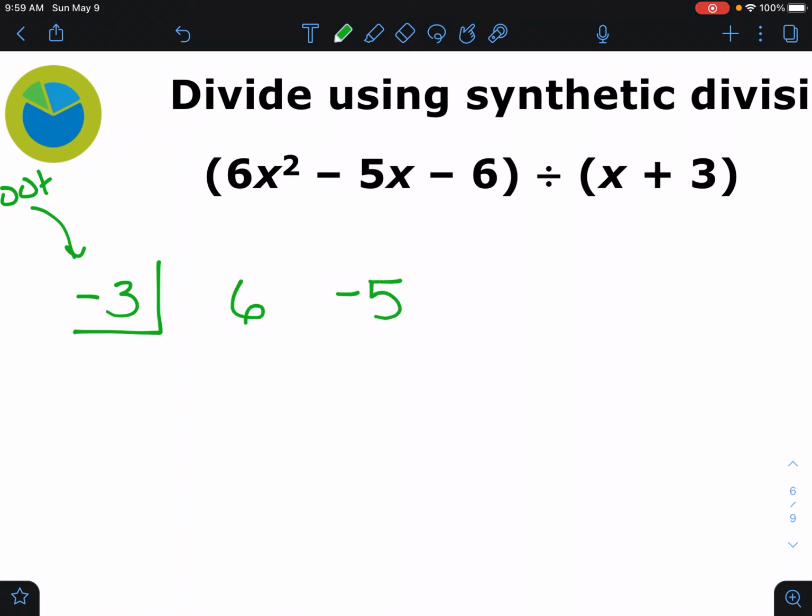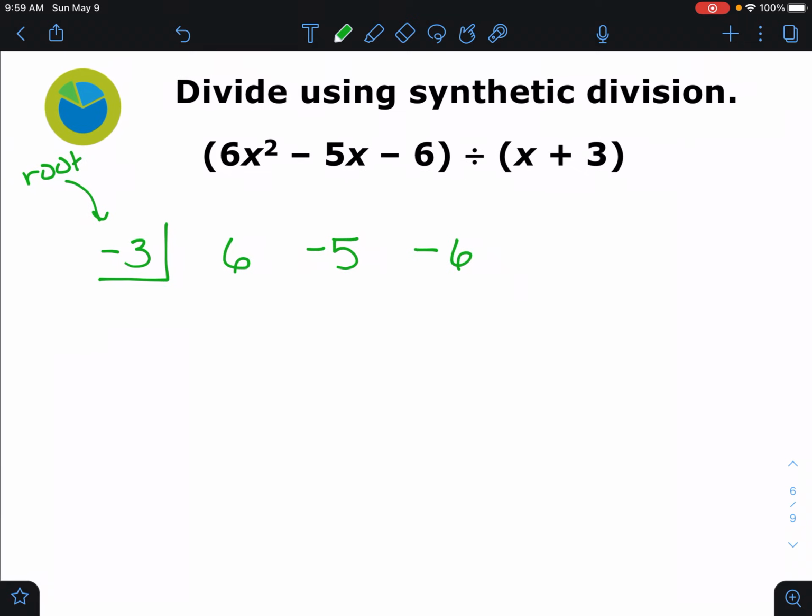Make sure you watch the signs on all of these, and negative 6. Okay, and then you're going to leave one line. You're going to leave a blank line here, and then you're going to draw a line across. Over here, you're going to put another half box. This will be your remainder.